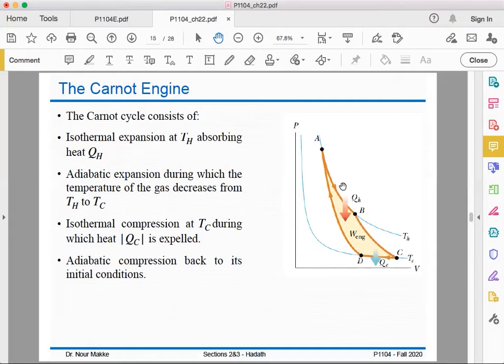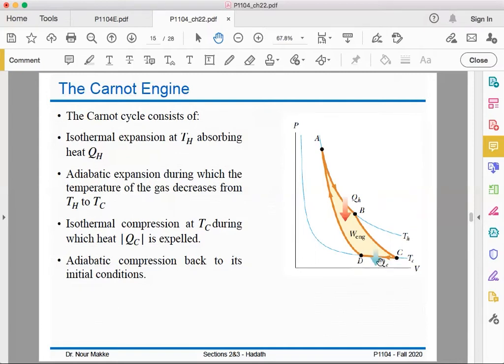So first, it takes heat in the isothermal expansion at the temperature TH, of course, because here we take QH from the hot reservoir. Then there is an adiabatic expansion during which T drops from TH to TC. During this part from B to C, we have work which is delivered.